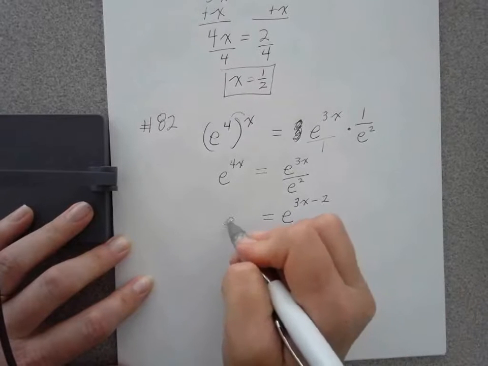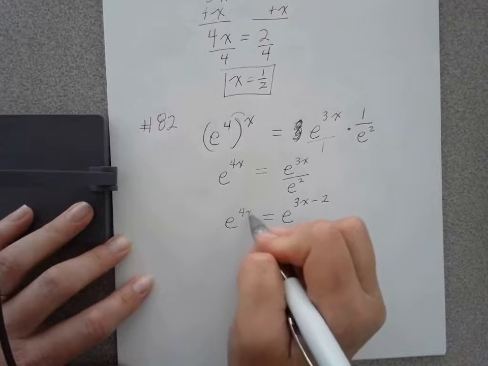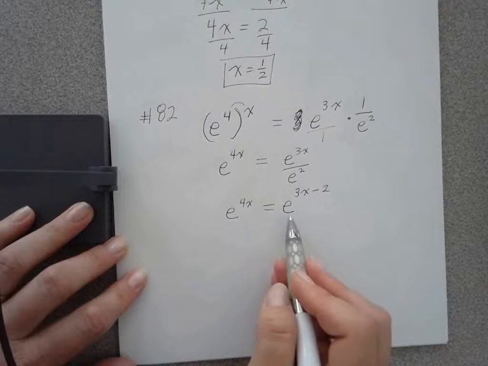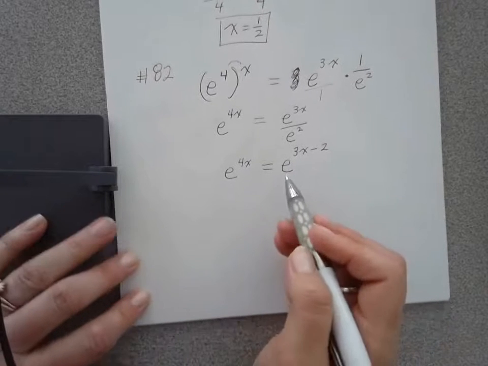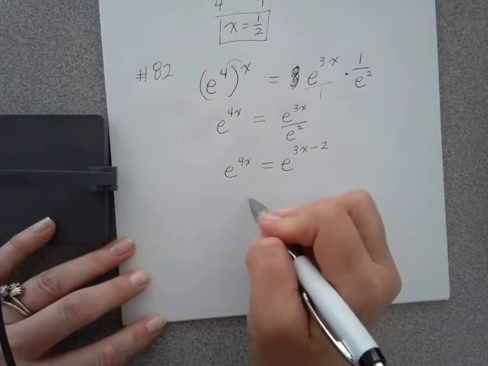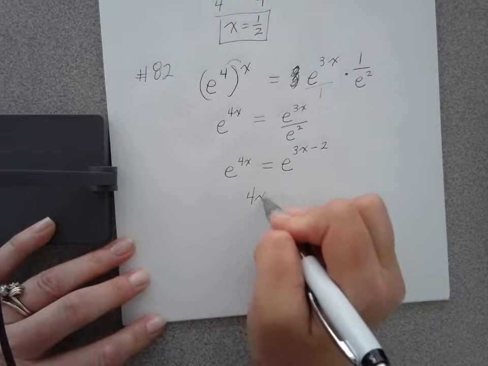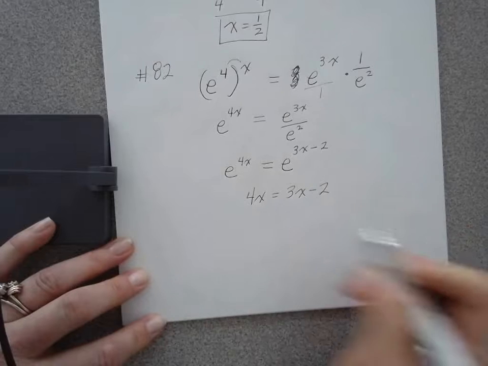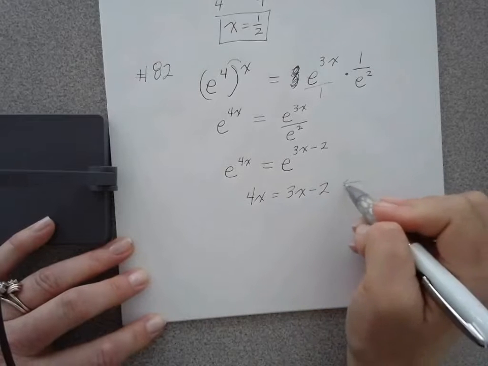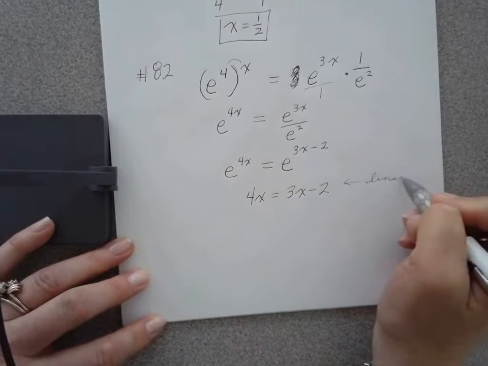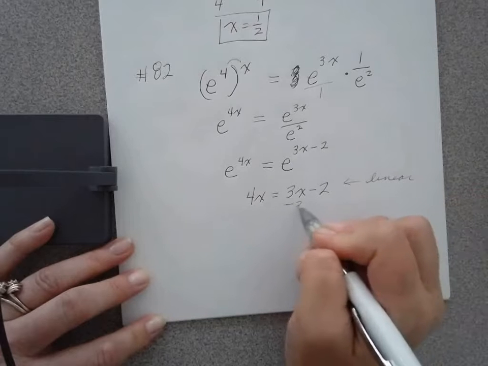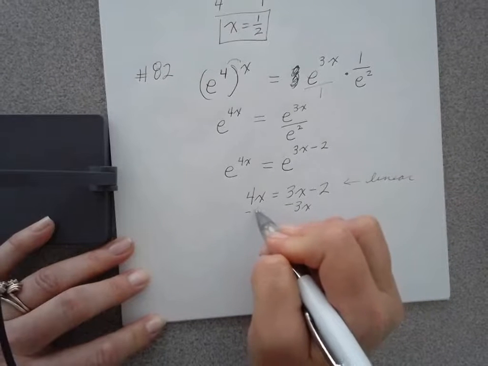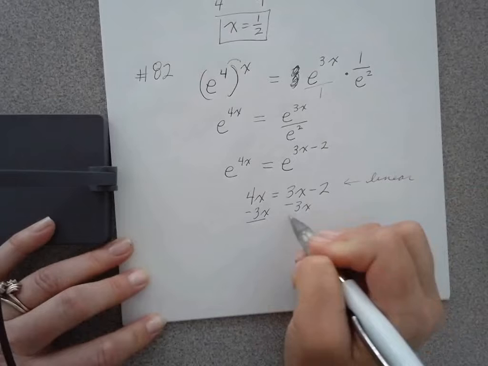On this side I have e to the 4x. Now the bases are the same, so what can I do to the exponents? Good. 4x is equal to 3x minus 2. Then what kind of equation is that? Linear. Once you know it's linear, you get all the x's on one side and everything that doesn't have an x on the other side.